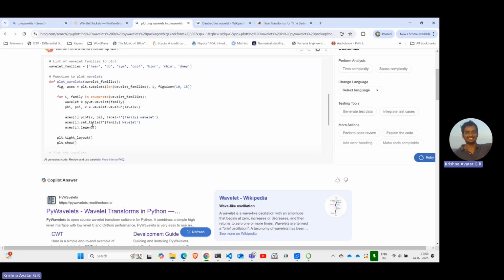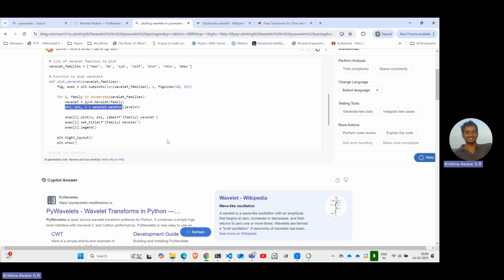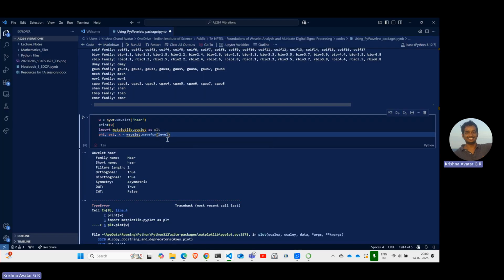Okay, this is how I plot. I see. So wavelet is equal to, okay, wavefun. I see. So this is what we have to do. Level is equal to 1.